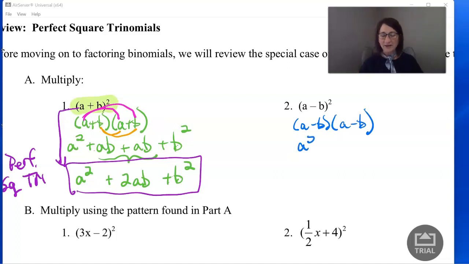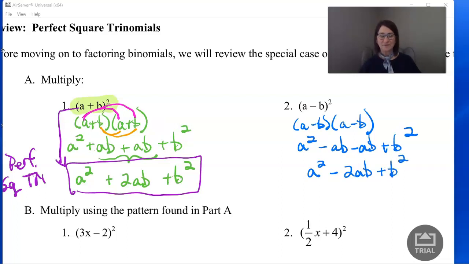So then I get a squared minus ab. Now I'm going to take the b and multiply it out. So minus ab again plus b squared. So when I combine my like terms, I'm left with a squared minus 2ab plus b squared. That is my perfect square trinomial.